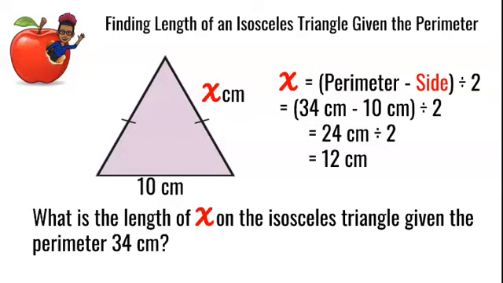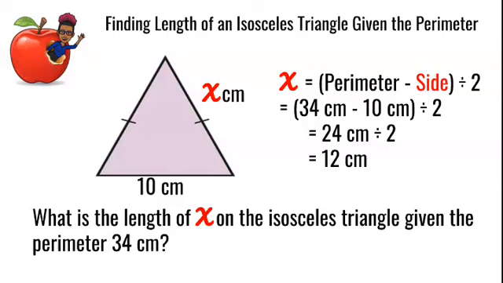So 34 minus 10 will give us 24, and that 24 would be divided by 2. When we divide it by 2, we have x. We have 12 centimeters. Remember, if we had just stayed with 24, that would not be correct. x, and on the other side would also be x, and we were only given the length of one side.